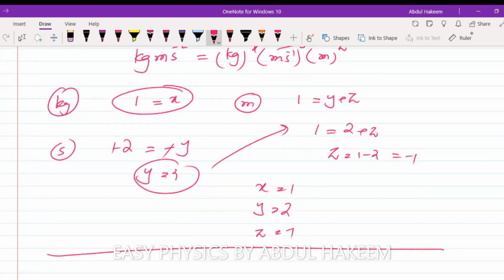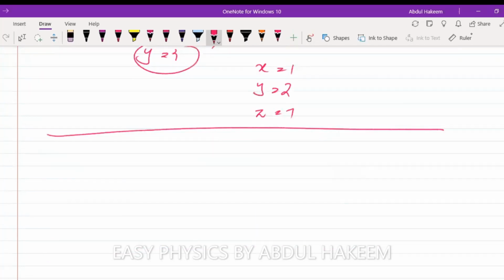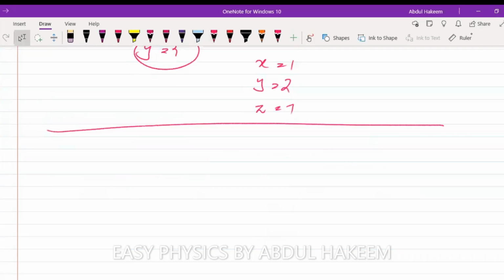Now, move to the next, the components of the vector. Coplanar vectors mean vectors which are drawn in a single plane. Coplanar vectors are resolved into two components: one is the x component and the other is the y component.